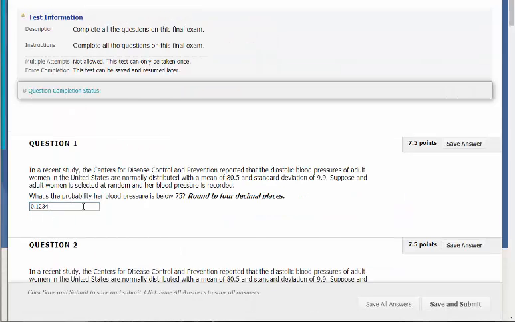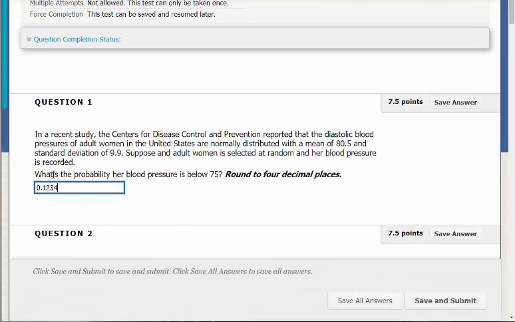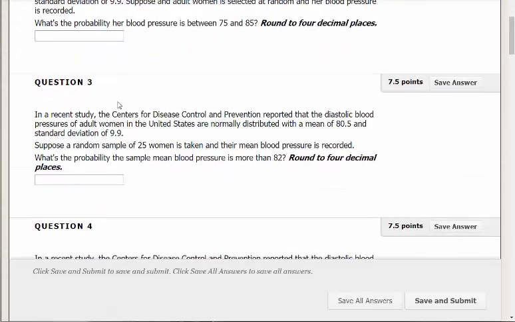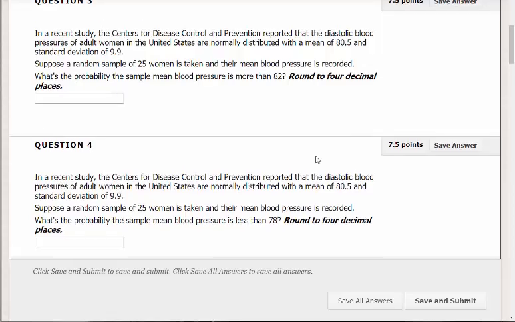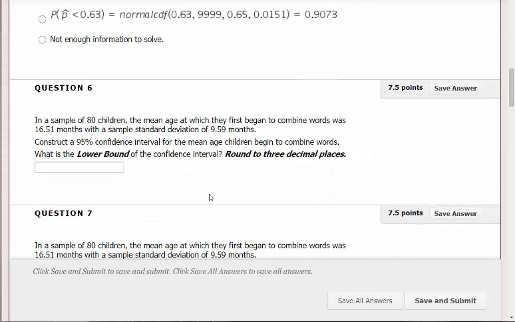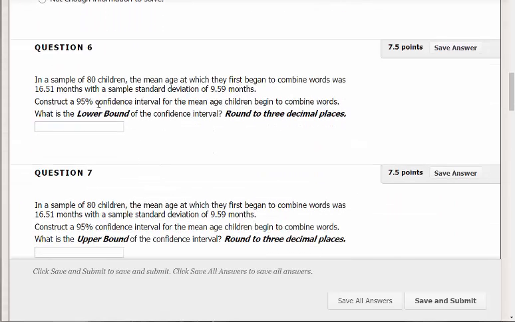Any question like that, round to 4 decimal places. When there's a multiple choice one, just select the answer you want when you're ready and then save your answer.